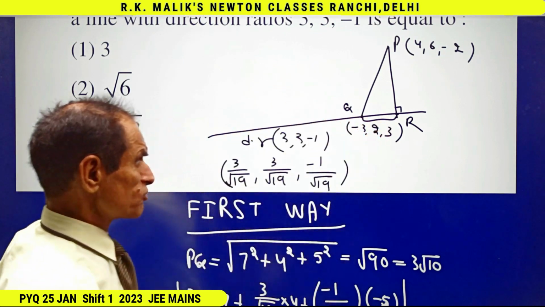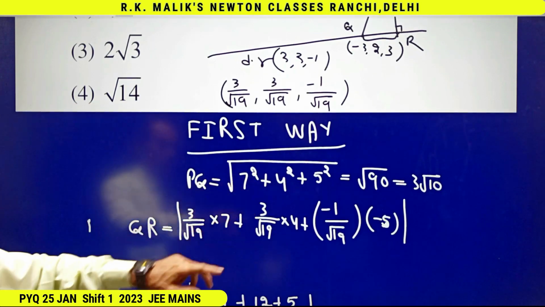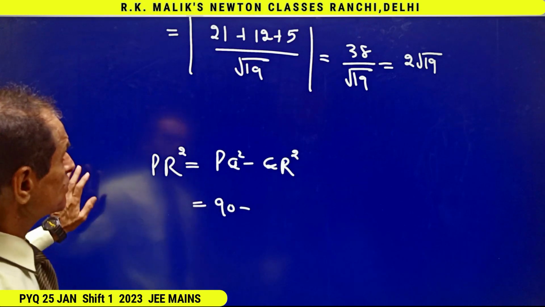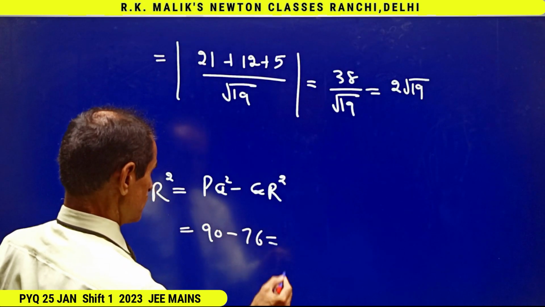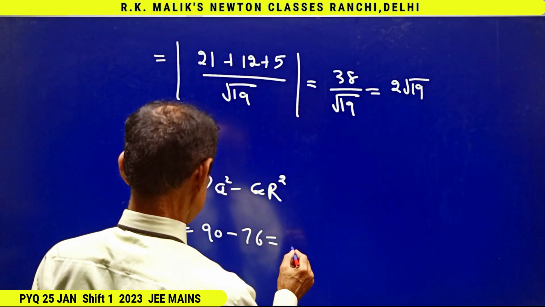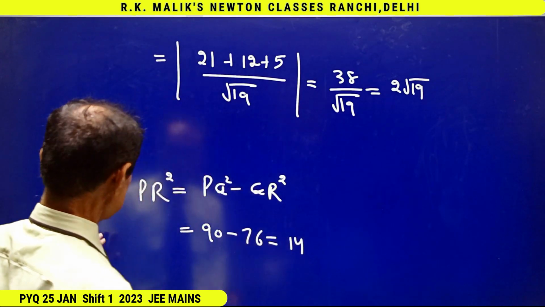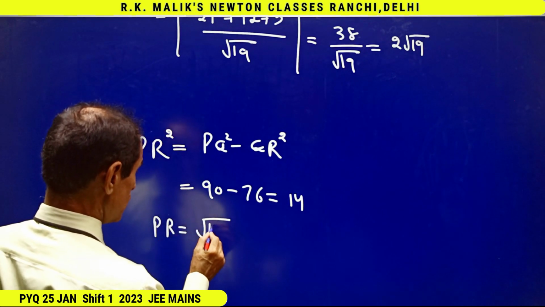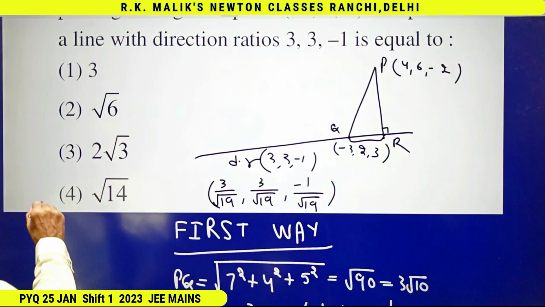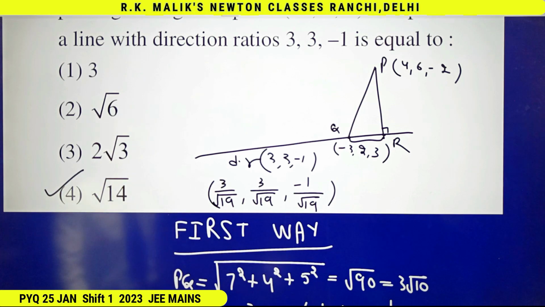PQ square is 90, minus QR square is 76. This is equal to 14. Hence, I can say PR is equal to under root 14. Hence, I can say fourth choice is correct.